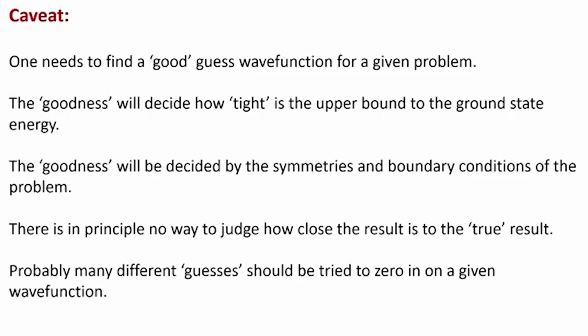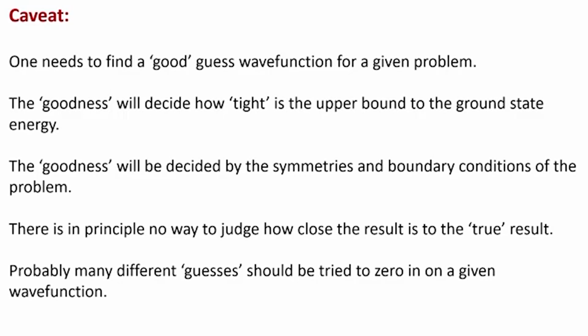And so, this goodness of the guess wave function will decide how tight the upper bound to the ground state energy is, okay, which means that you will always get an upper bound to the ground state energy, and you will not get an energy which is lower than the ground state energy by doing a variational calculation.